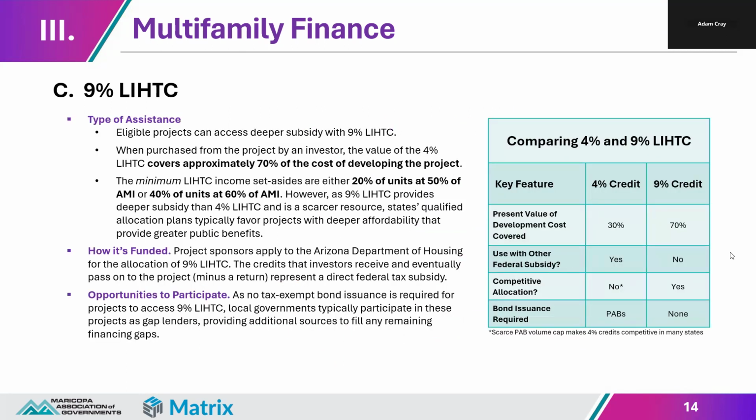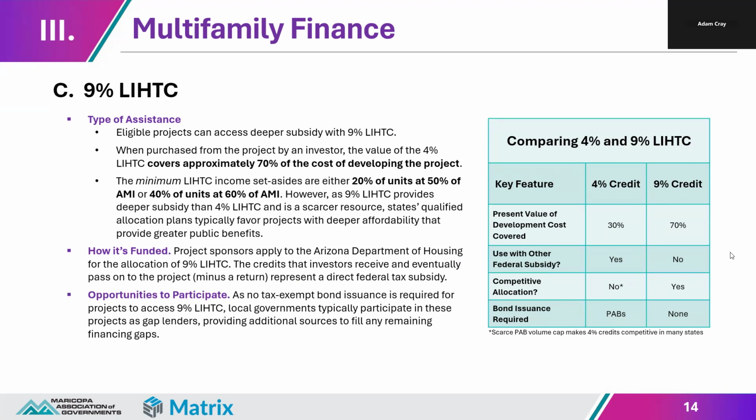On the 9% side, this is a much deeper subsidy. As I mentioned, it covers 70% of the cost of developing a project. The income set-asides, though, are exactly the same as the 4%. But like I said, because it's a scarcer resource and it provides a much deeper subsidy, often states' QAPs favor projects with deeper affordability that provide greater public benefits. This is funded in the same way that 4% LIHTC is.